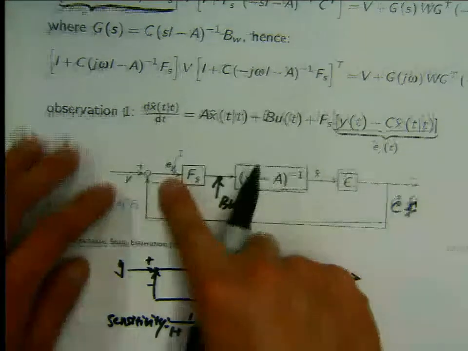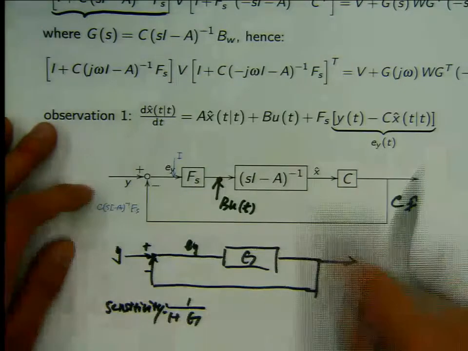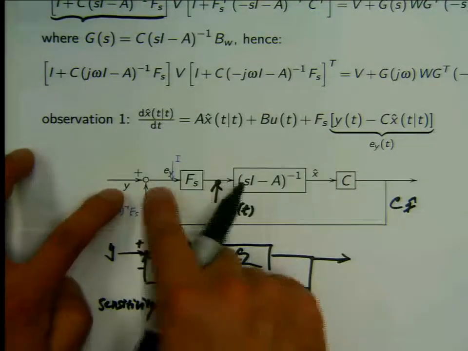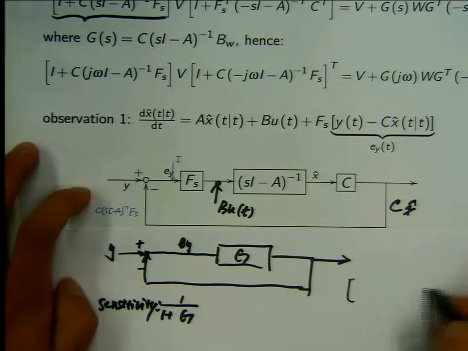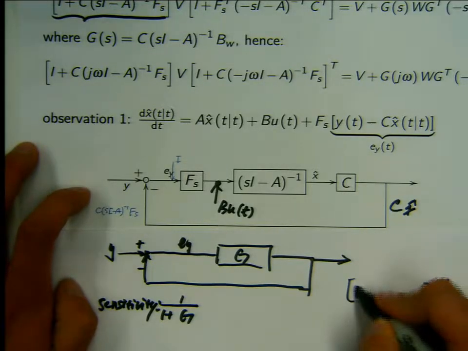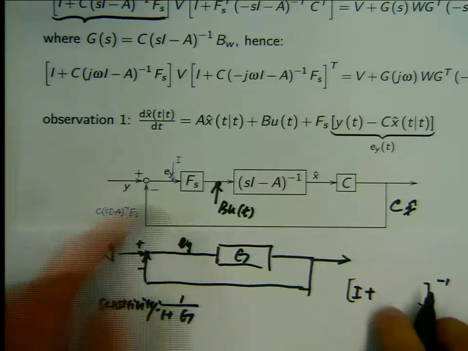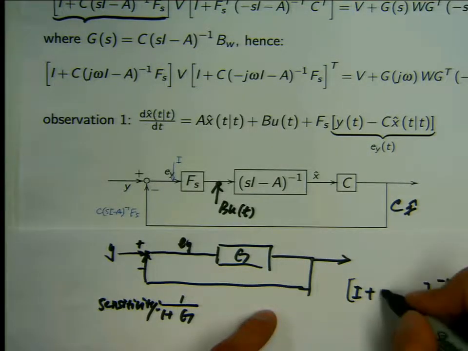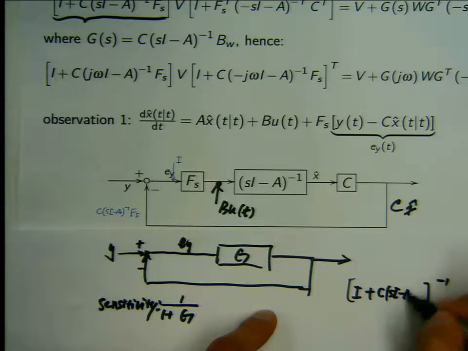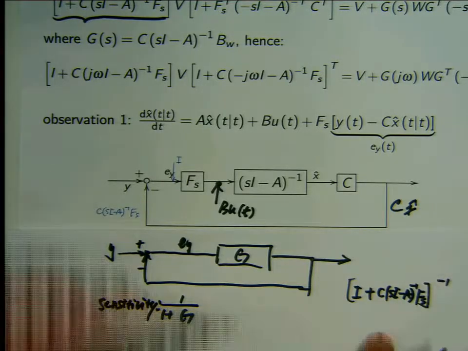So for the multiple input, multiple output case, things are exactly the same. The transfer function from y to ey is going to be some inverse term. Inverse of I plus the open loop transfer function, which is going to be C (sI minus A) inverse F s. Okay?